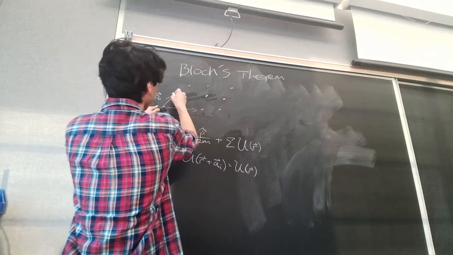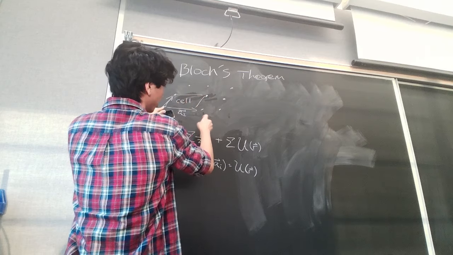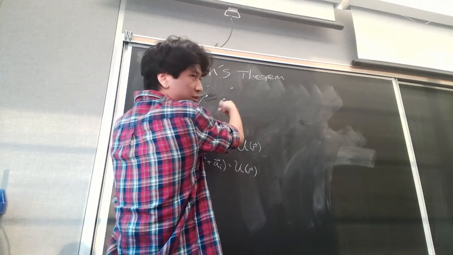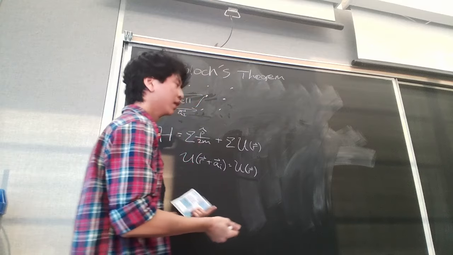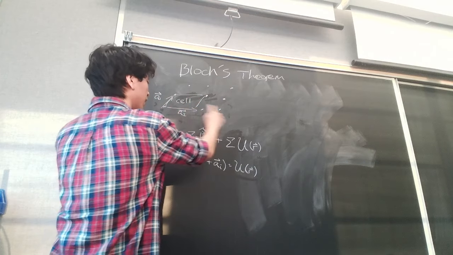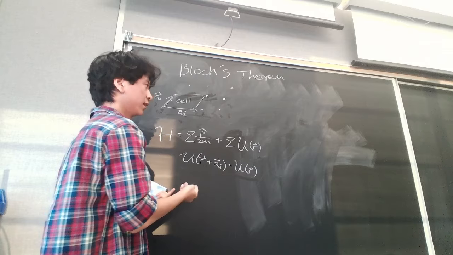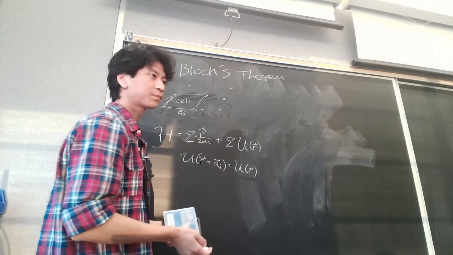These are called cells, by the way. So we're translating from one cell to another, and since it's a crystal, it's periodic, so we should have the same potential energy. What we want to solve is this Hamiltonian, and mathematically speaking, we want to find the eigenvectors and eigenvalues.